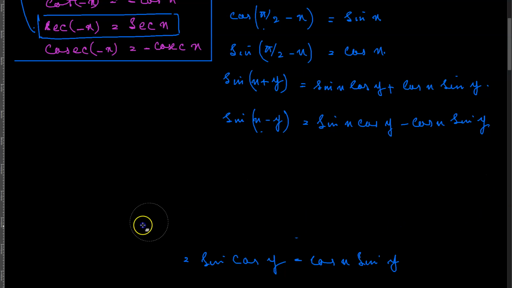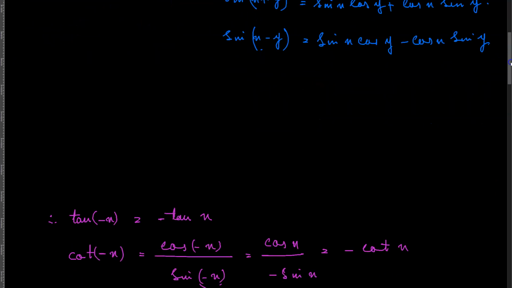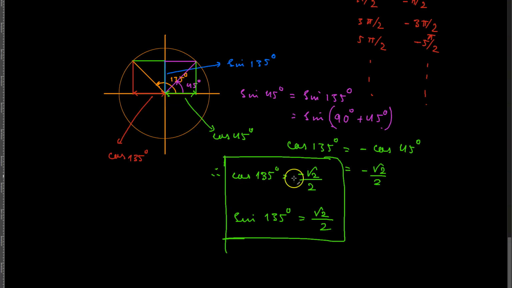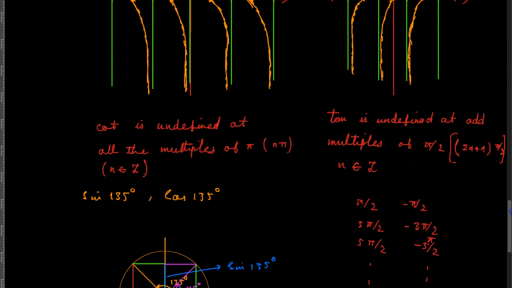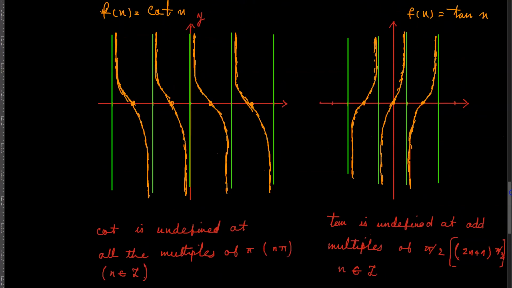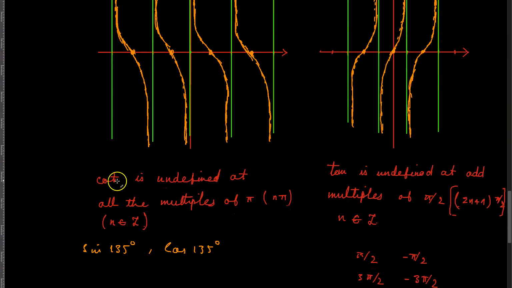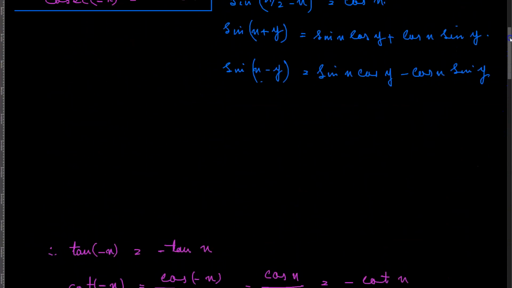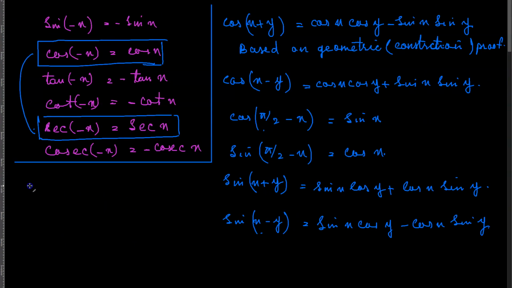So now we have all of these formulas, and they are very useful, meaning that, for example, when you want to calculate the cos of 135 degrees, I want to calculate the cos of 135 degrees.